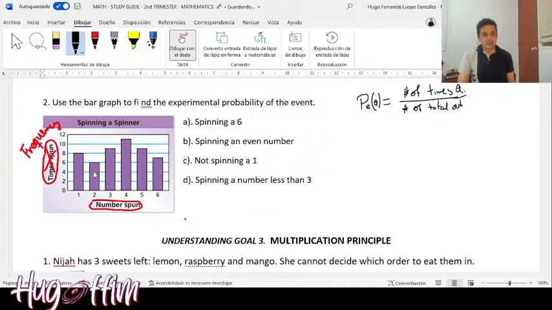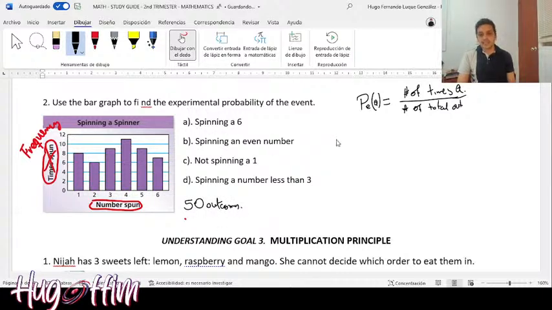So I got 8 and 6, 14, 14 and 9, 23. 23 and 11, it's 34. 34 and 9, 43. 43 and 7 is 50. So we have 50 outcomes.